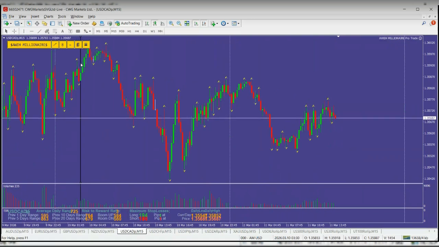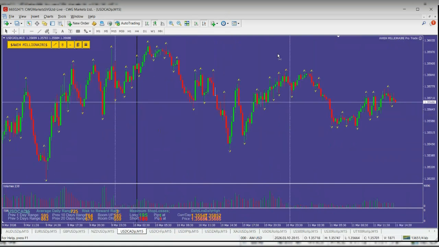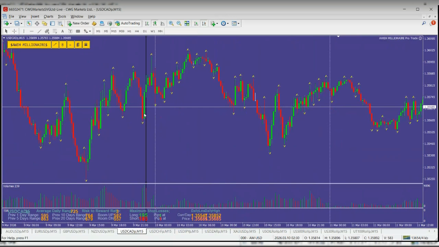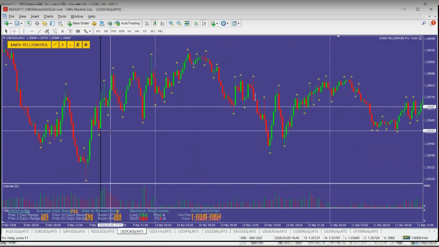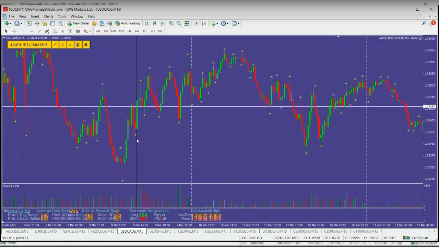So no relevant levels on March the 10th, but if we move along to March the 9th to see any clues, I see a clue here, level of demand, which is no longer relevant since price broke through that level. And the next potential level here, also no longer relevant since price broke below.